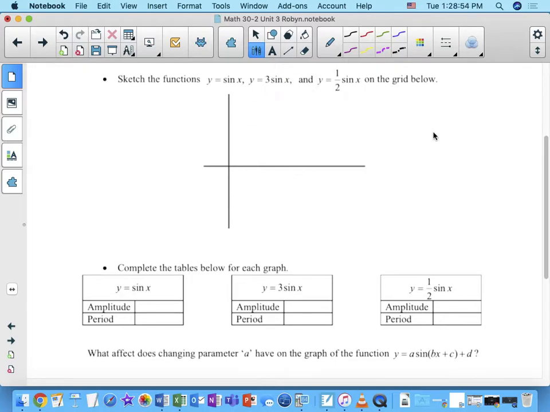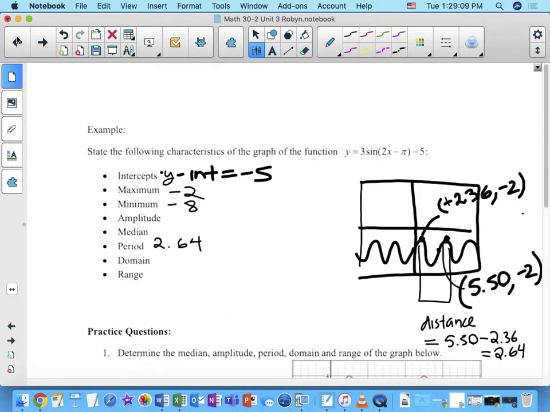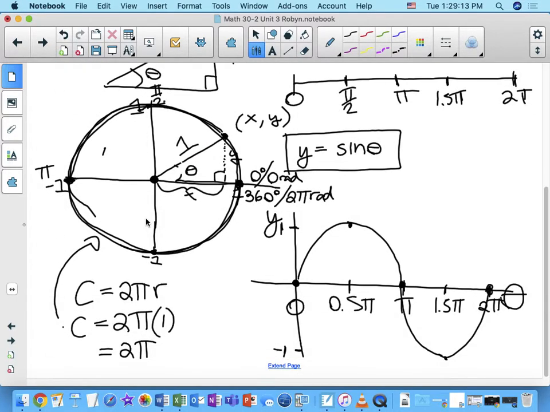Okay, and actually, we've already graphed y equals sine x, so that shouldn't be surprising. I'll just remind you, I'm going to flip back a little bit. We did that yesterday, all the way back over here. This is what it looks like.